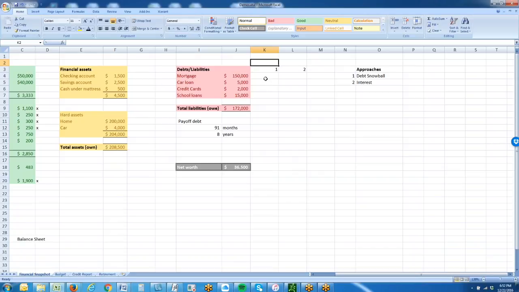The debt snowball prioritizes your strategy to pay off debt by the amount of your loans. So I'm going to say that loan amount. With the interest approach, the focus is not the loan amount, but the interest rate.